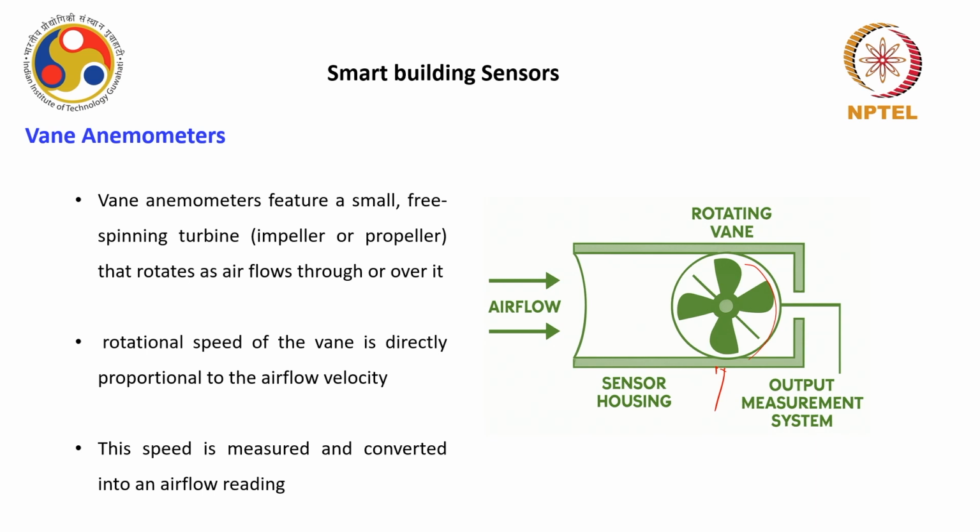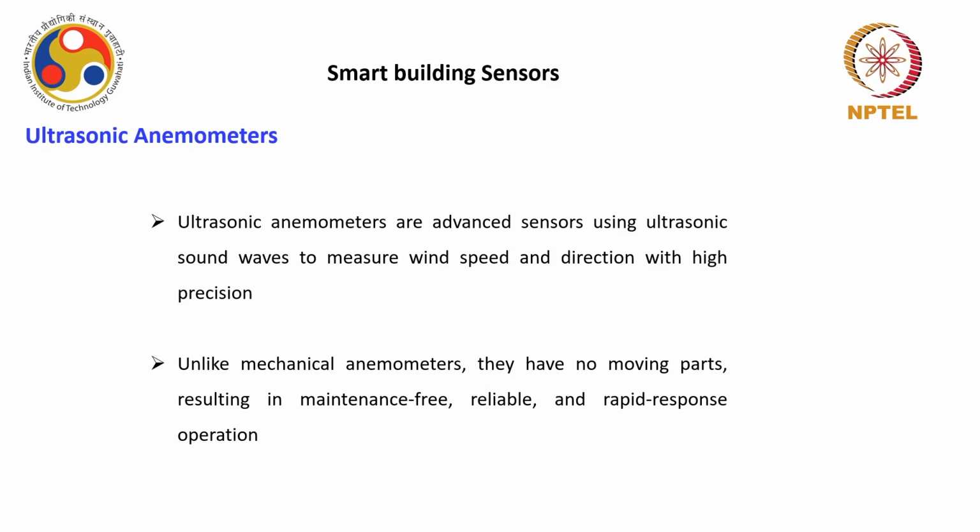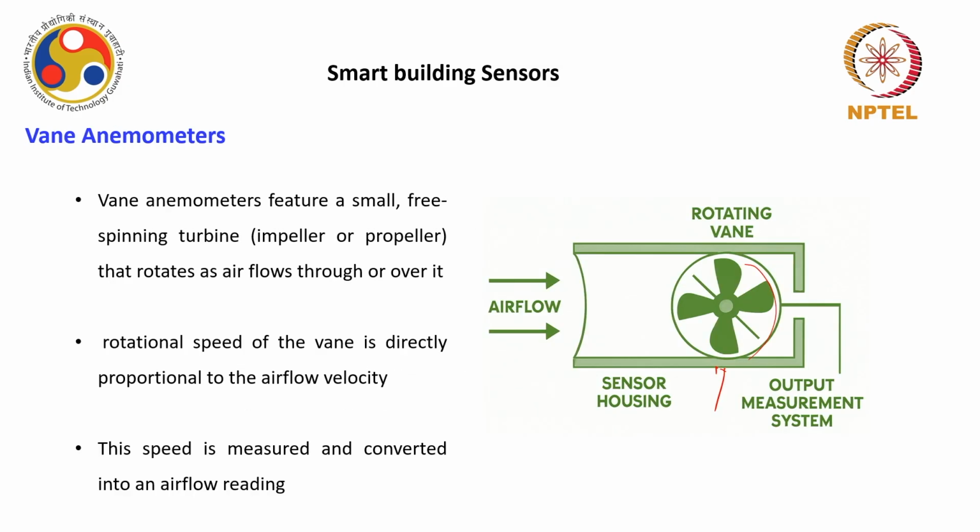The rotational speed of the vane is directly proportional to the airflow velocity, and this speed is measured and converted into an airflow reading. So, this is a simple and straightforward device, but it has a lot of moving parts, so it will have a lot of wear and tear.